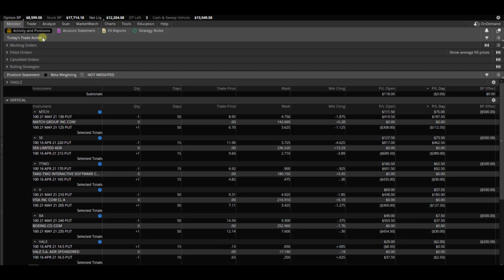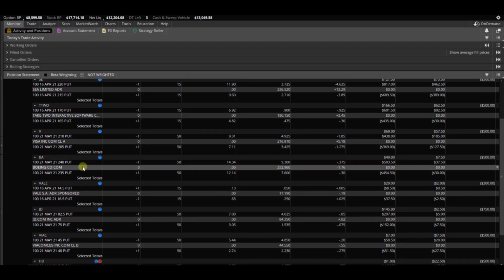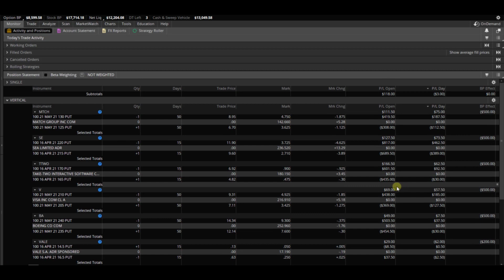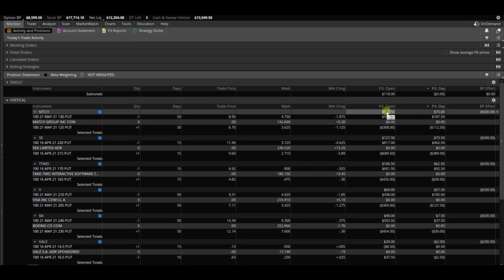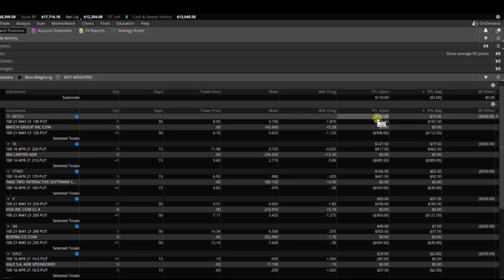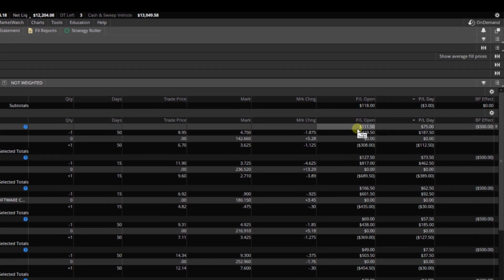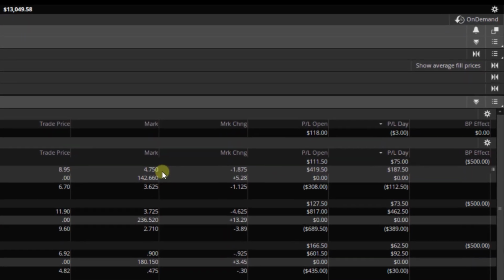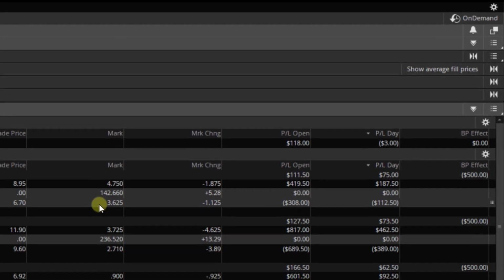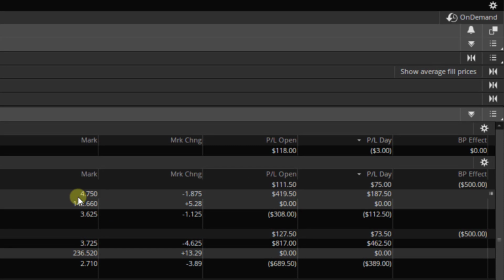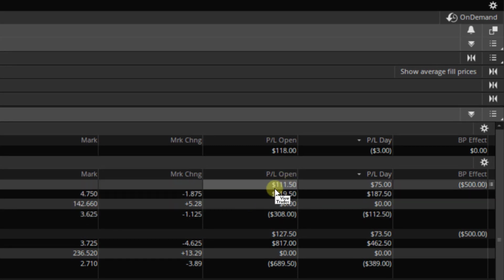Like I said, I think I've got 7 or 8 of these that I've put on in the last few weeks. And you can see so far, after 2 days, I'm already up $111. That means if I was going to unwind this and buy back the put that I sold and sell the put that I bought, the price would be less than that 225, and so my net, I would still get to keep $111 so far.